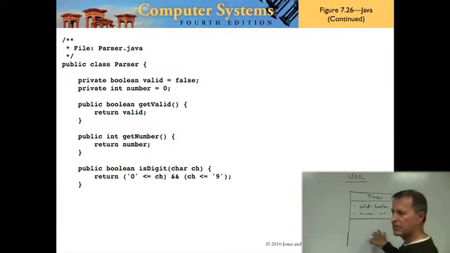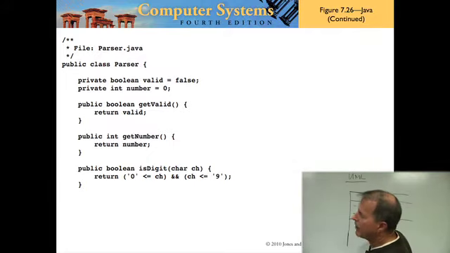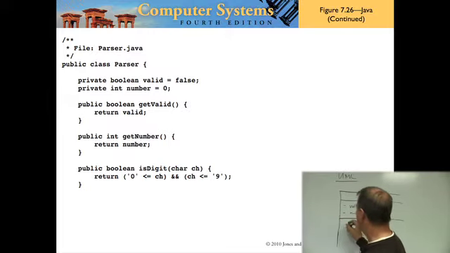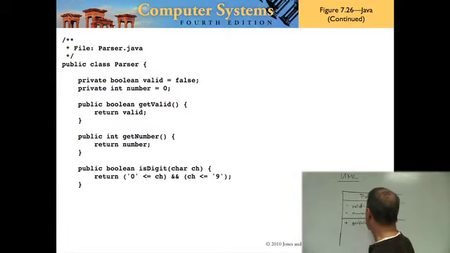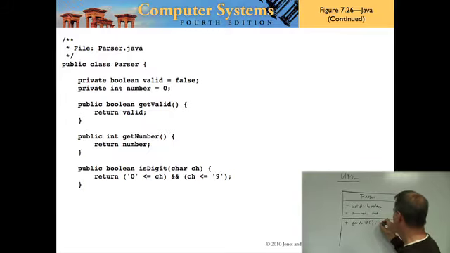The methods, the operations. Which ones do we have here? getValid, public. Public was plus. And does this return a Boolean? It's a Boolean. So this is getValid, no parameters, but it returns type Boolean.